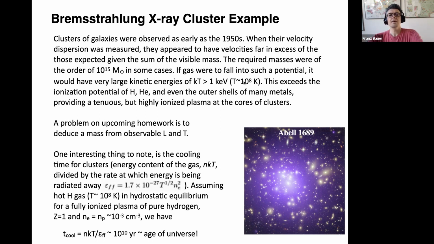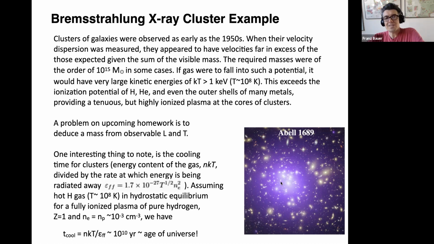Fully ionized. And so this temperature exceeds the ionization potential of helium, hydrogen, and actually many metals, oxygen, et cetera. So you'll strip out the outer shell of most metals, even iron, to some extent. We'll have only 2 shells left over.